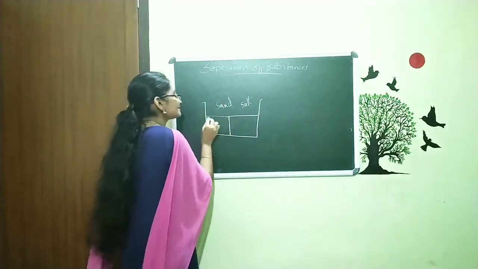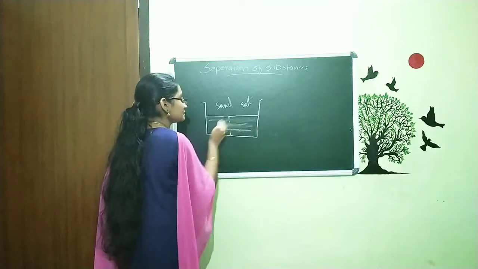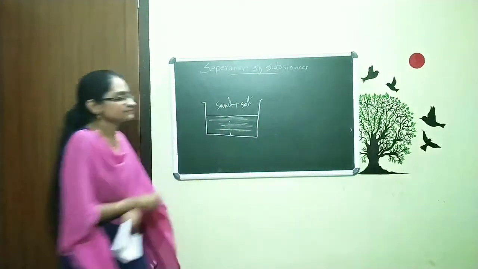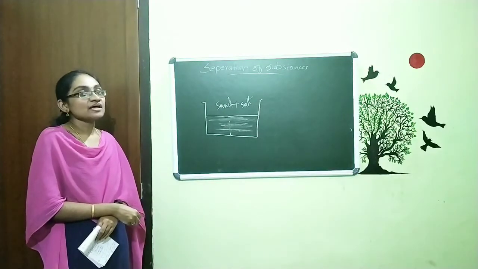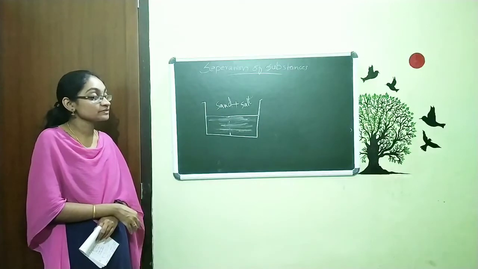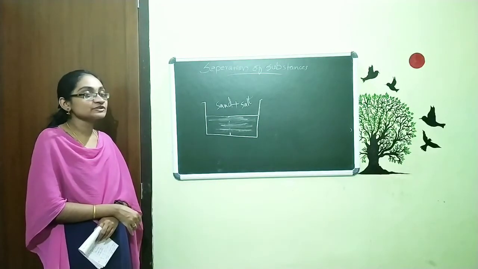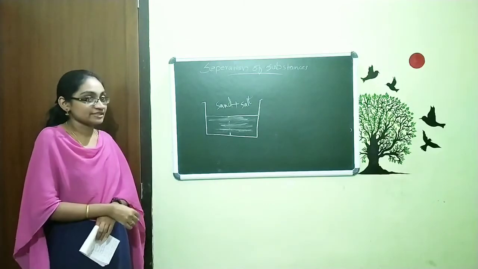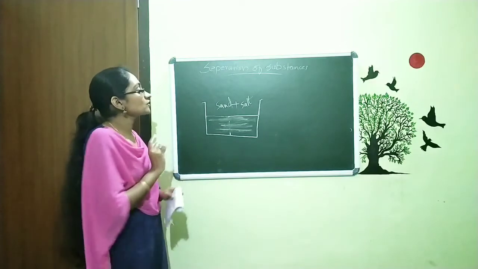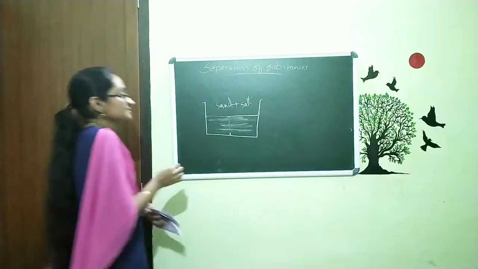That means I am just mixing the sand and salt. Sand plus salt. Now my question is, how can I separate this sand and salt which are mixed together? Actually, in this case, it is not possible to separate with a single method. Here we are using a number of methods. So now we are going to explain how the sand is getting separated from the salt.